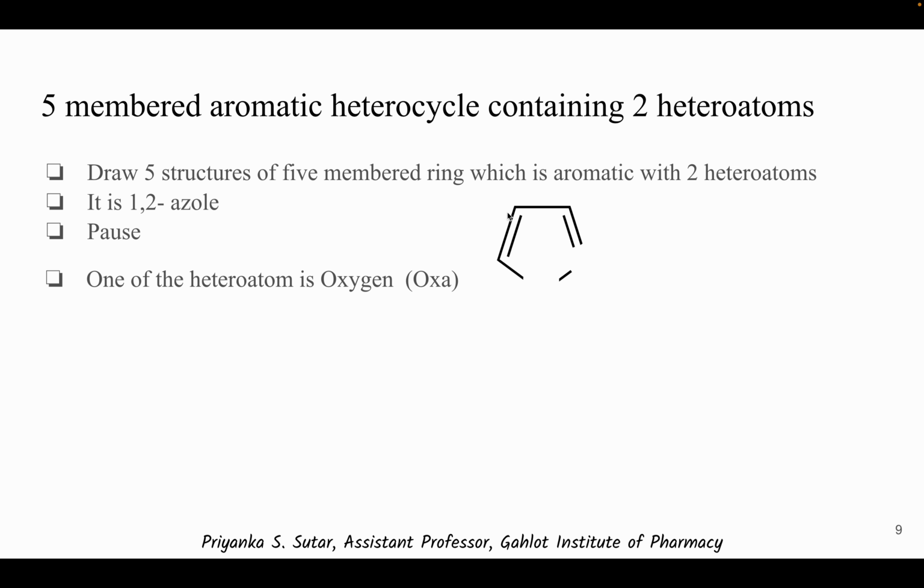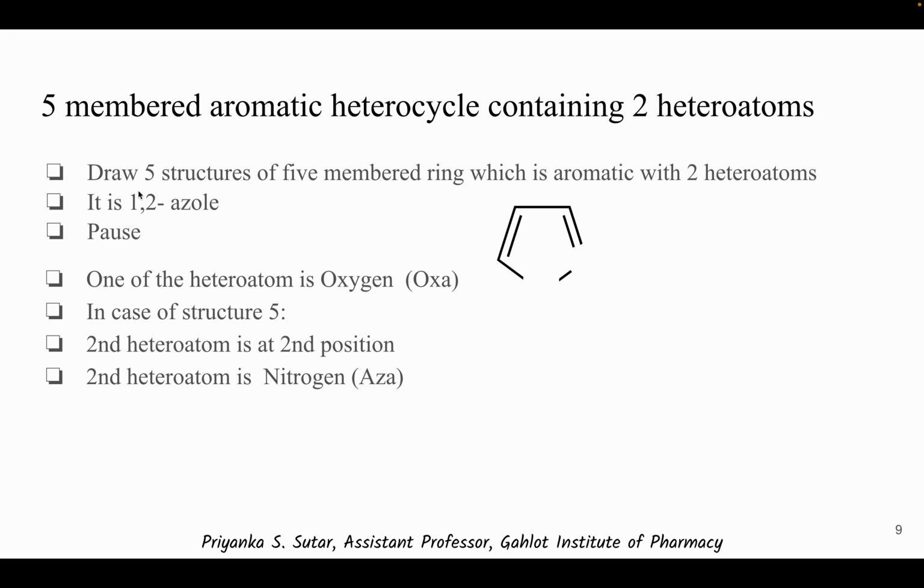So you draw the ring and number it 1, 2, 3, 4, 5. At the first position you write the oxygen, O for oxygen, and the second heteroatom is at the second position, and obviously it is nitrogen because it is azole, right? So 1,2 azole.